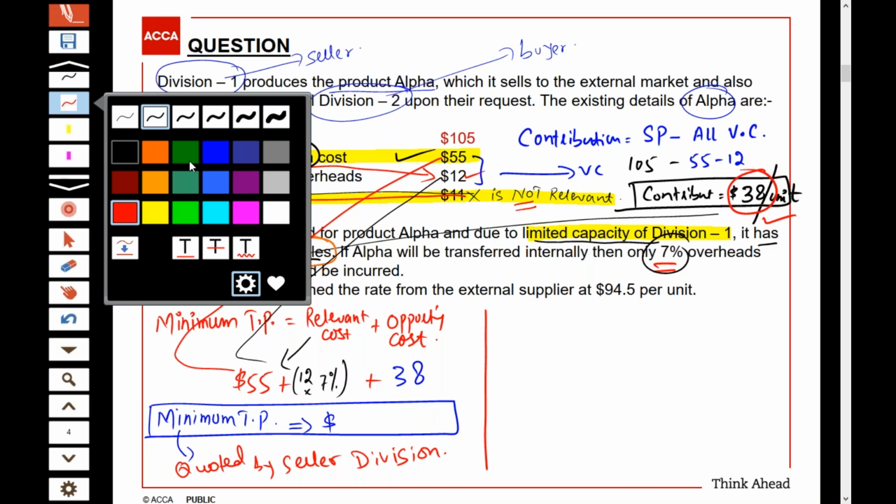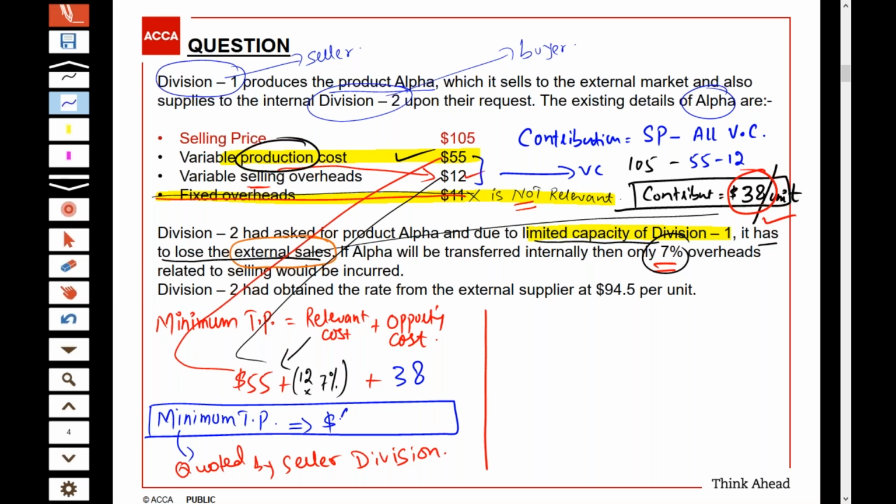It becomes 93.84 per unit. This will be the transfer price which the seller division will charge at least, the minimum transfer price.